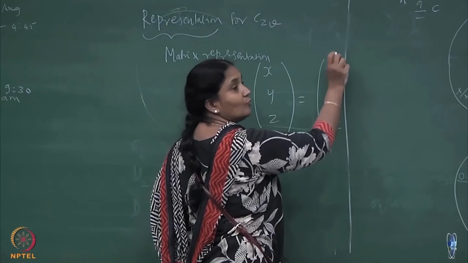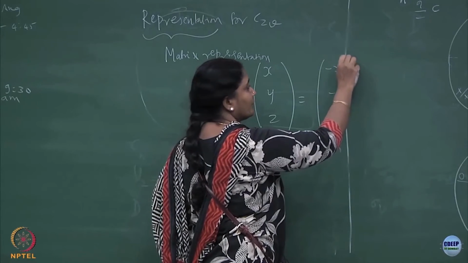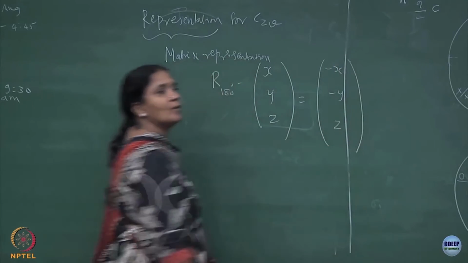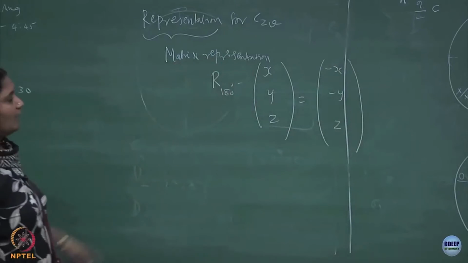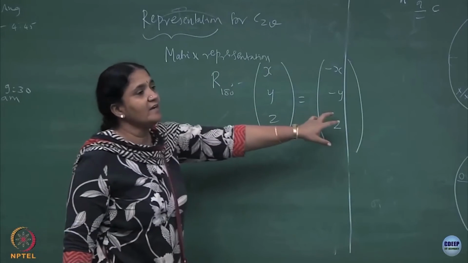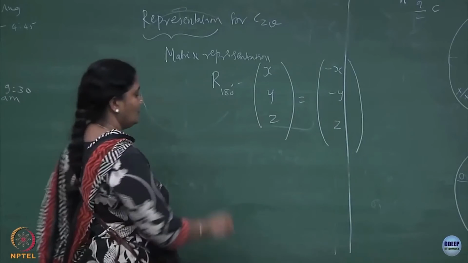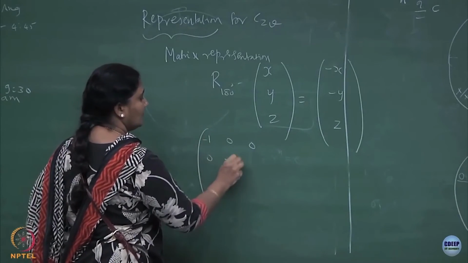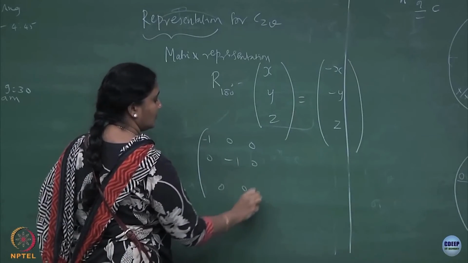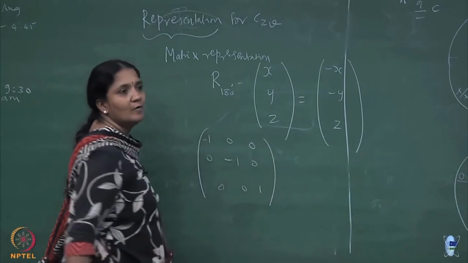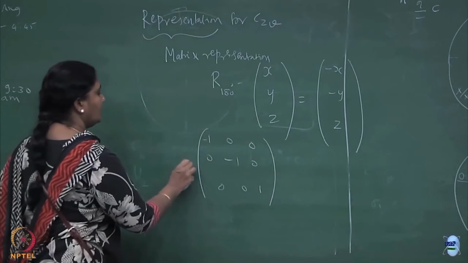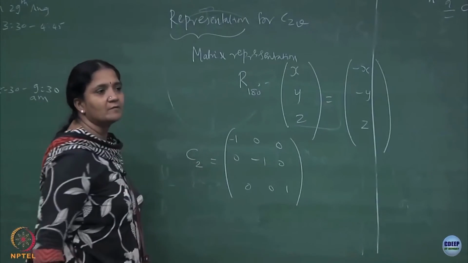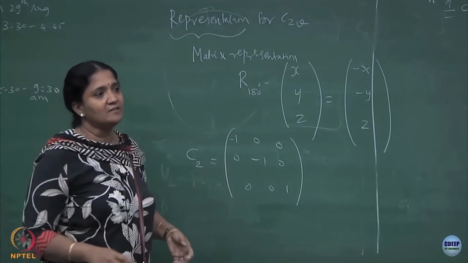Is that right? Yes or no? And what is the matrix which can generate that state? If you try to find, then you know it is minus 1 0 0. Okay. So, this is what we will call a C2 element, and similarly all the other elements can be written.